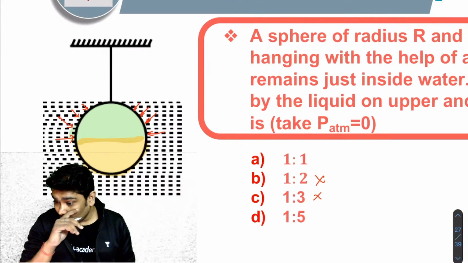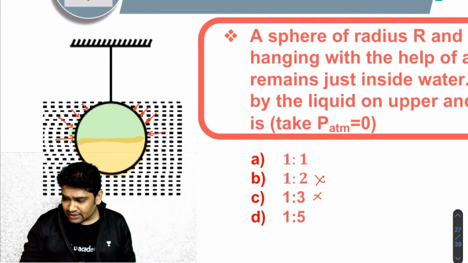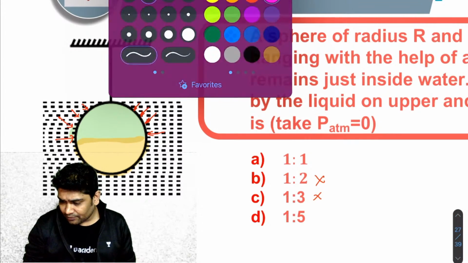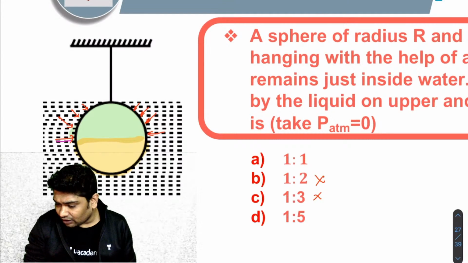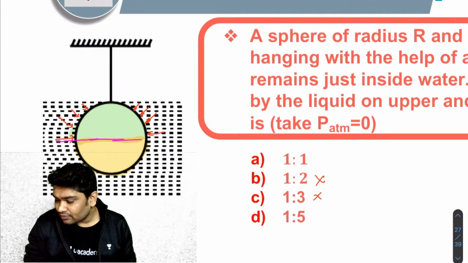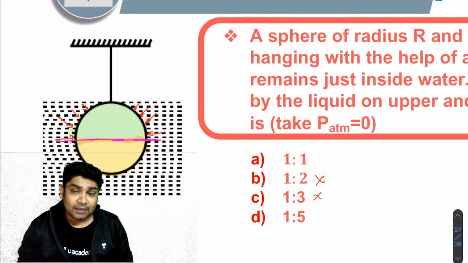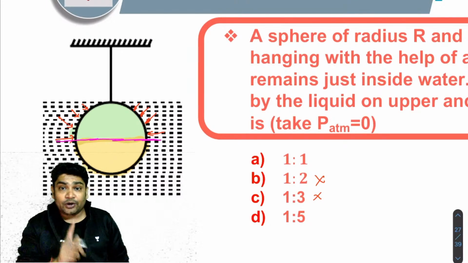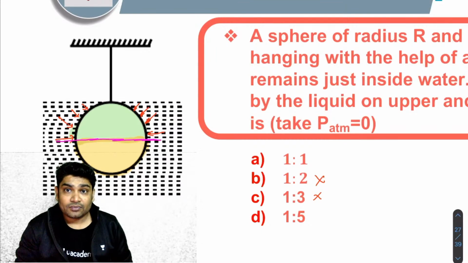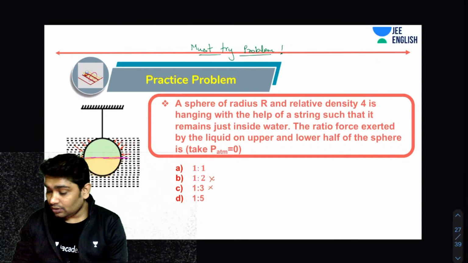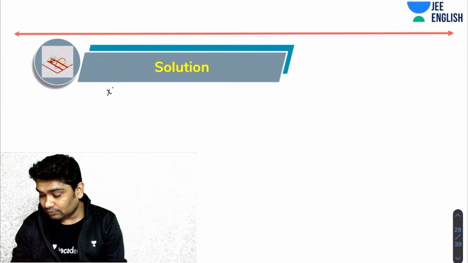Now for that, you will realize even if I cut off the lower half, so this is the trick. Even if I cut off the lower half, you should know that the force exerted by the surrounding liquid on the upper half will not change. Okay, so that's the trick for this question. I hope you're convinced about that.